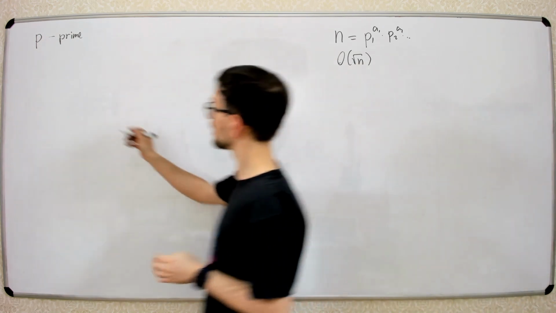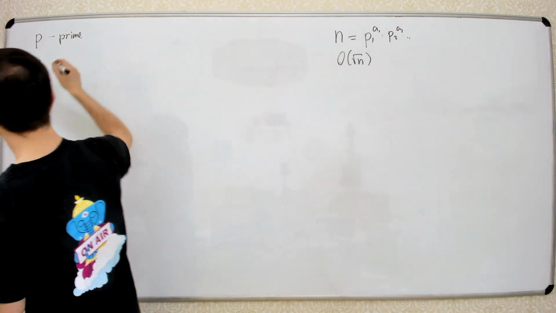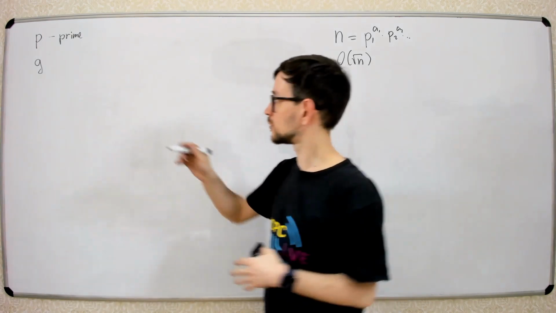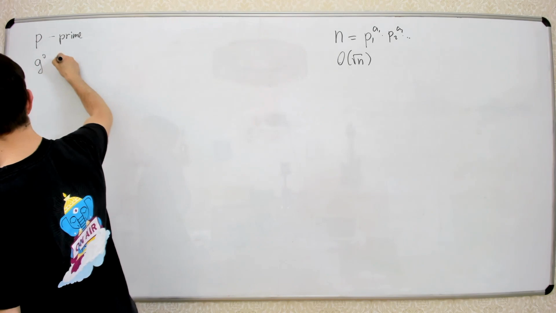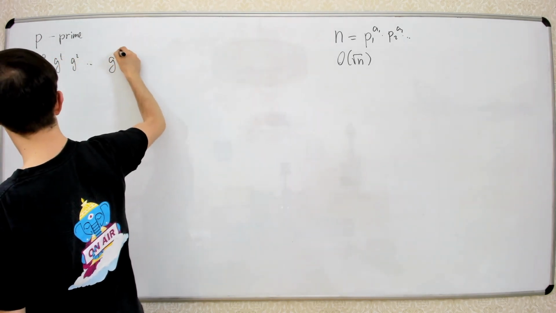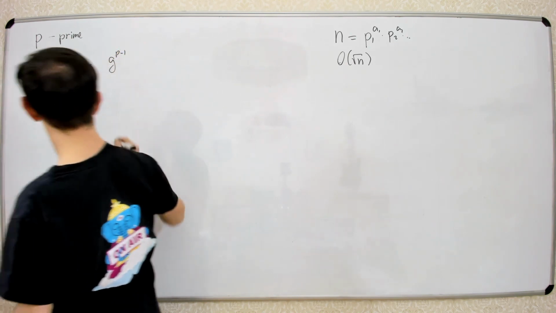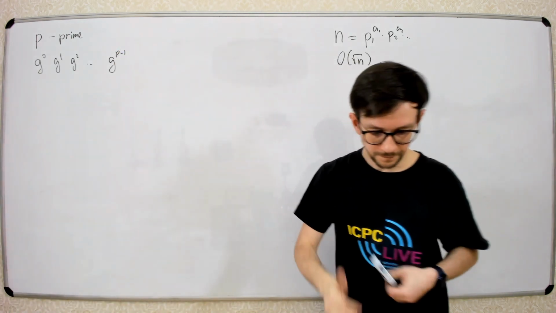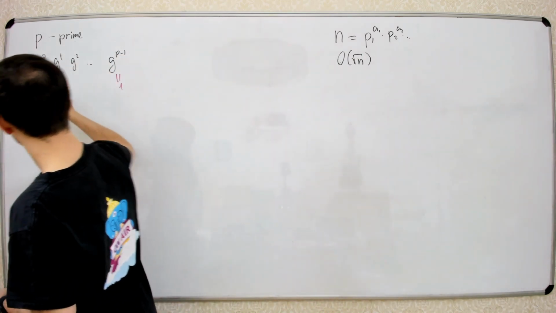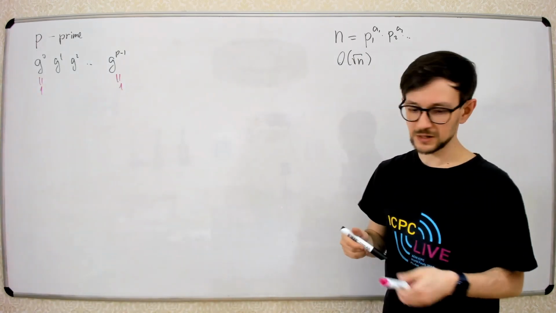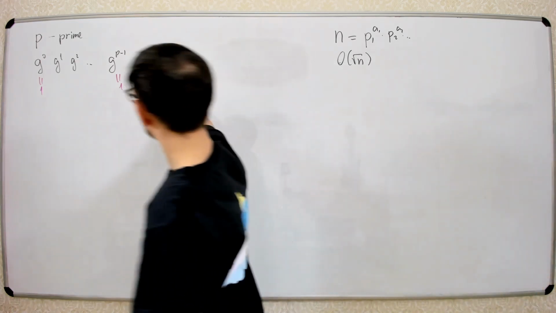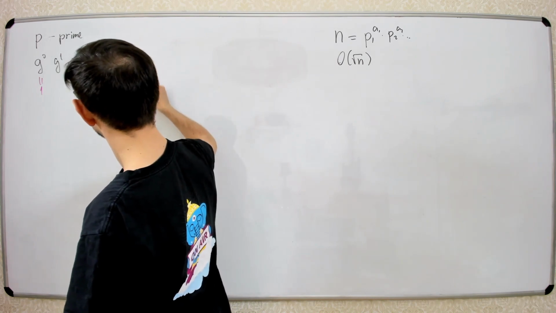It is a number g such that, if we look at all possible powers of this number, g power 0, g power 1, g power 2, and so on, up to g power p minus 1. This number is definitely 1, and this number is definitely 1. So if you continue this sequence, you will have the same period, right? So g power p will be the same as g power 1.